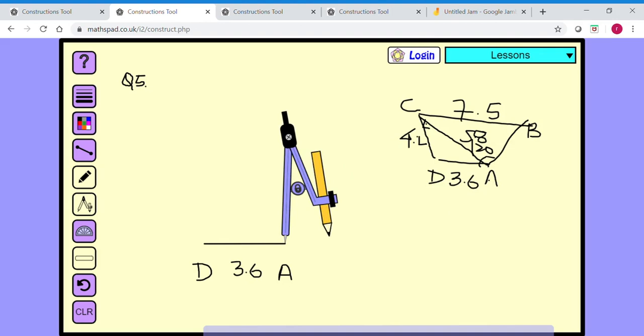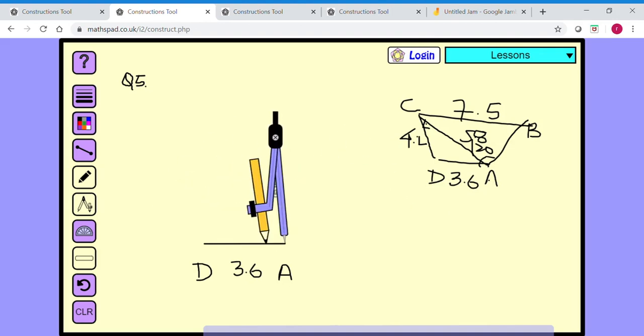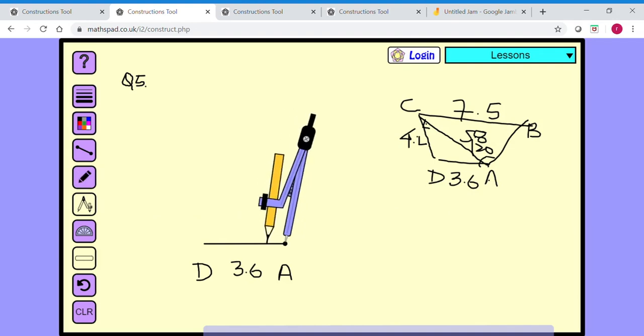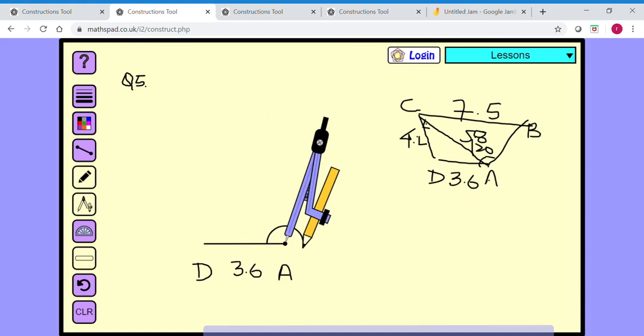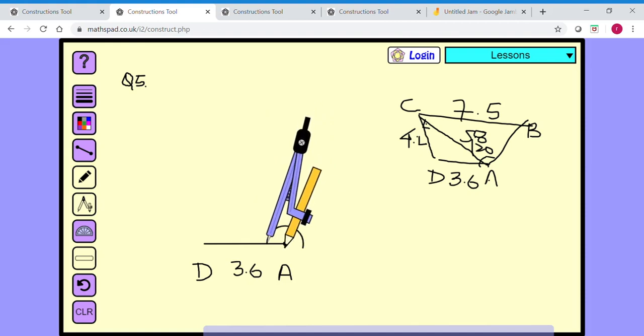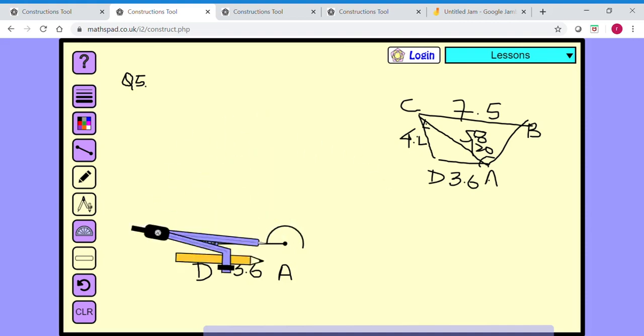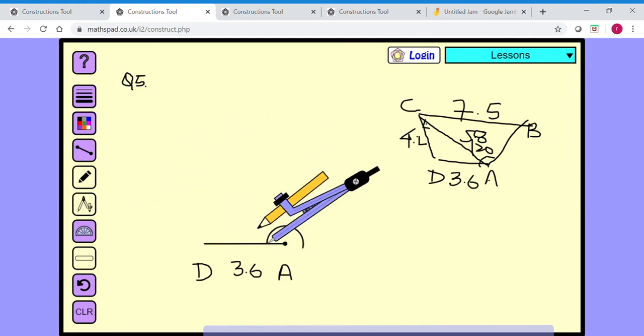To draw an angle of 120 degrees, I open my compass up to a span of my choice and make a semicircle. Once the semicircle is done, I pick it up without changing the span, keep it at the point where it intersected AD, and cut my first arc on this.